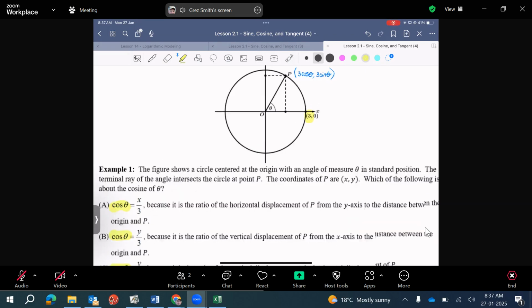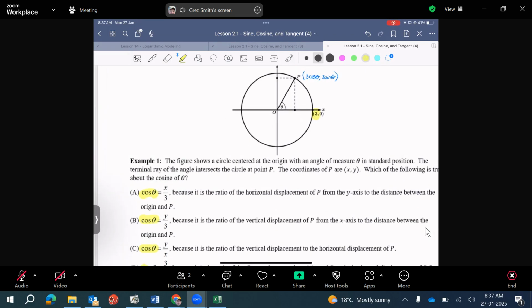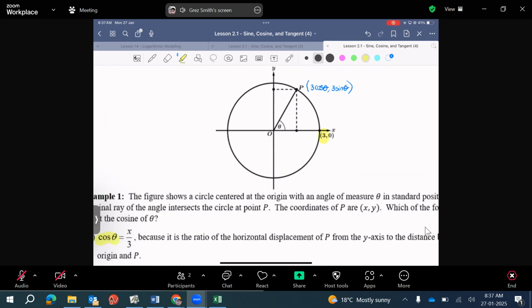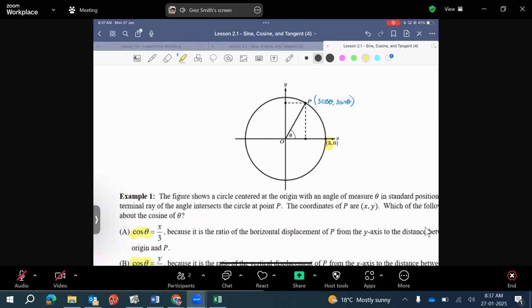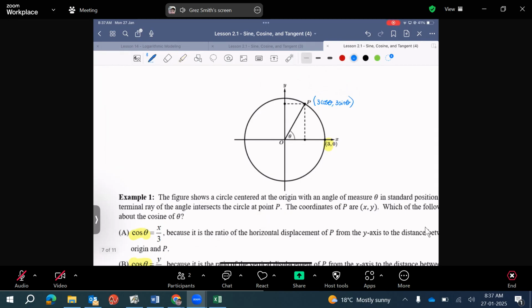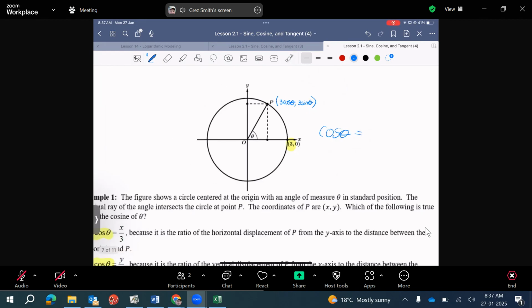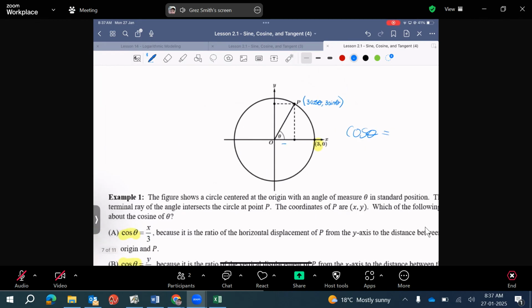So what have we got then? We have to find the cosine of theta. This is x, this is 3, this is y, this is x, y.